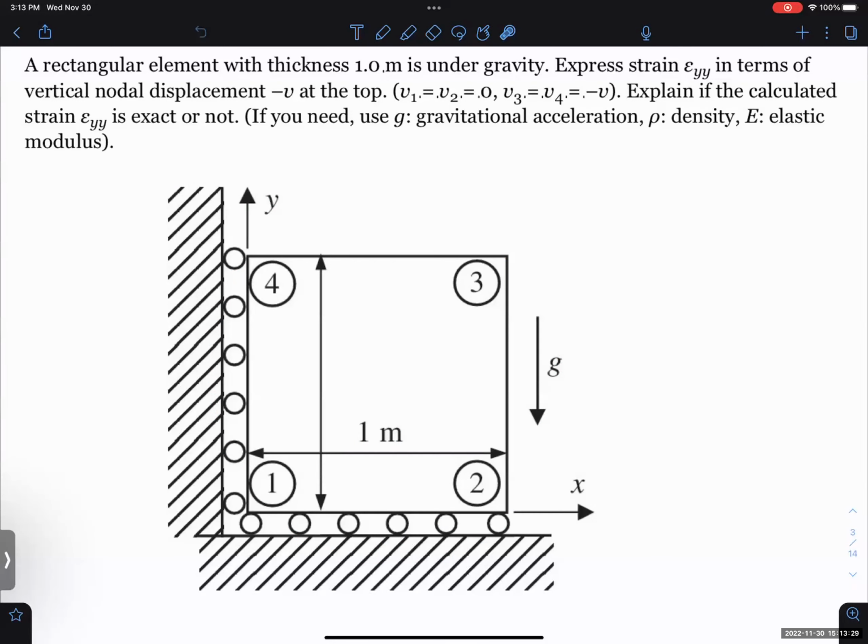So you can just imagine, if we consider this one is a cross section here, and the strain at the very bottom. Let's use stress, because stress and strain are just a coefficient apart in this situation. Let's consider the paper at the very bottom.